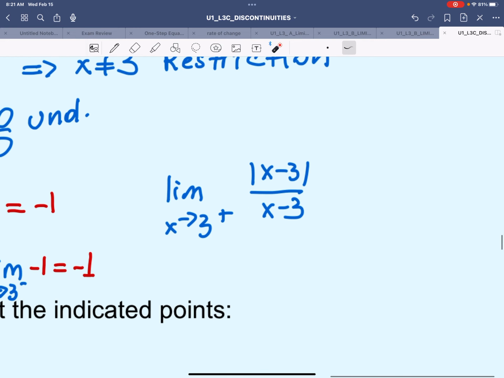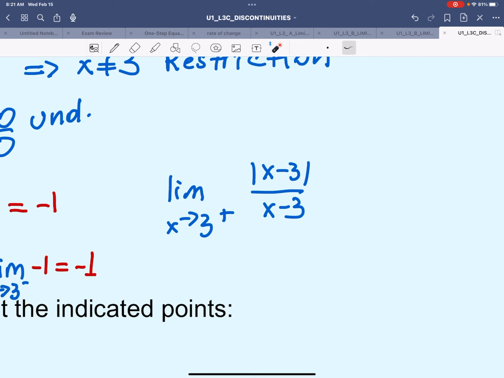So when approaching 3 from the right-hand side, this will be a positive number. So when removing the absolute value, we are going to keep x minus 3 as is, because the absolute value of a positive number equals the number itself. And down here we'll have divided by x minus 3.